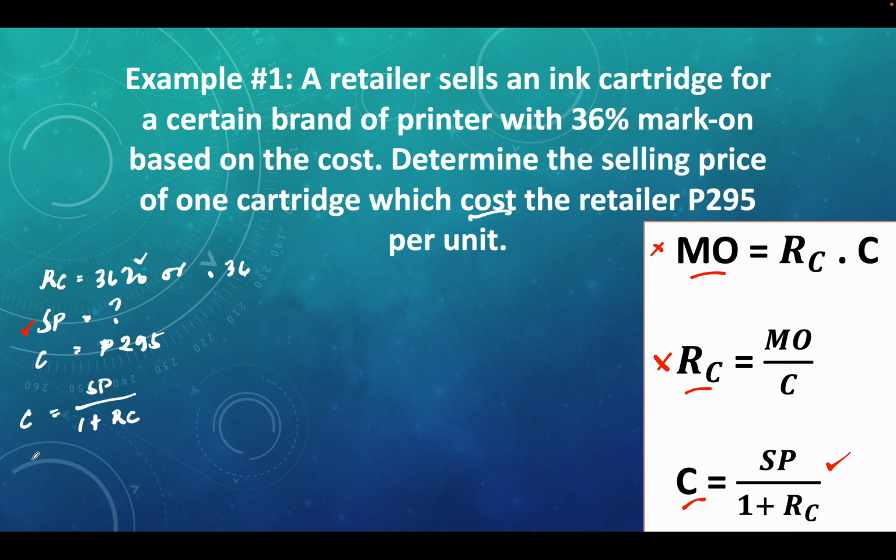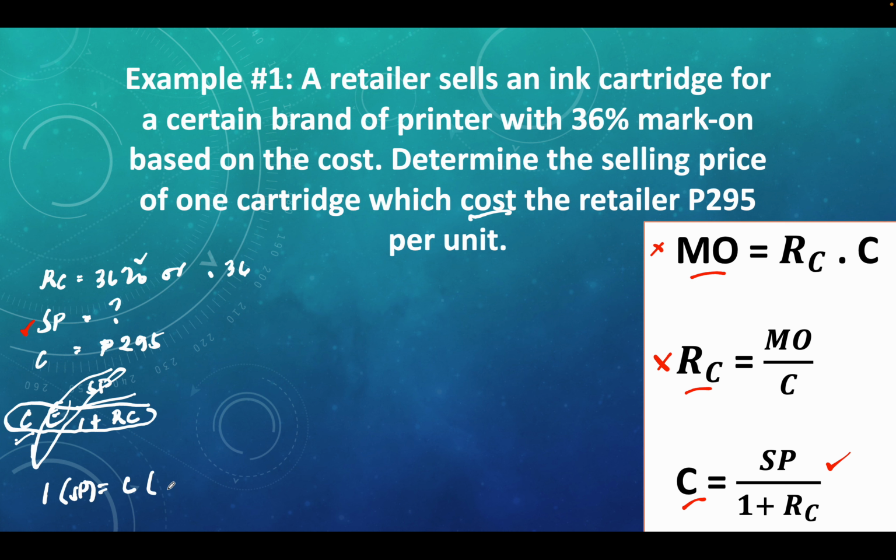Since may equal sign tayo dito, magko-cross multiply lang tayo and put the denominator of C as 1. So, cross multiply: 1 times the selling price equals cost times 1 plus RC.